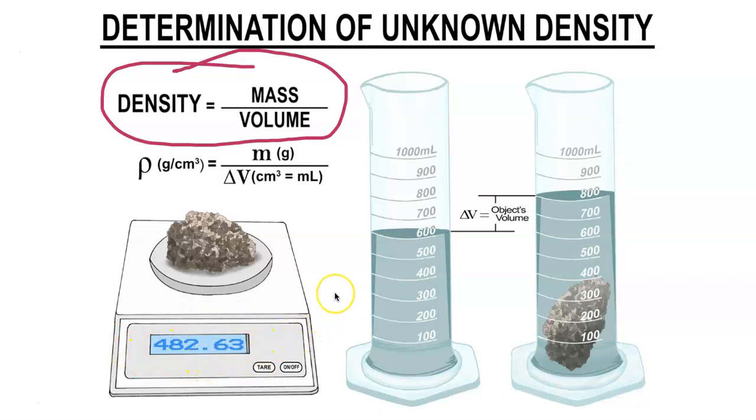The volume, we can do something kind of tricky for something like a rock, and we can submerge it in water, because it turns out that a milliliter of water is equivalent to a cubic centimeter, which is also a volume. So for example, this particular rock displaced 200 milliliters of water, so its volume is 200 milliliters or 200 cubic centimeters.